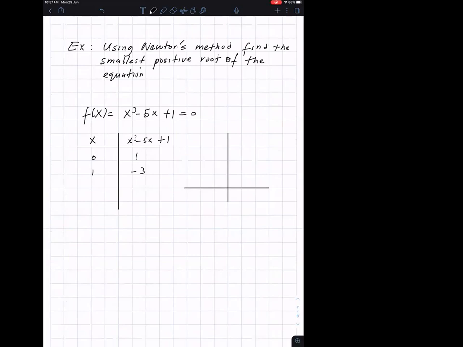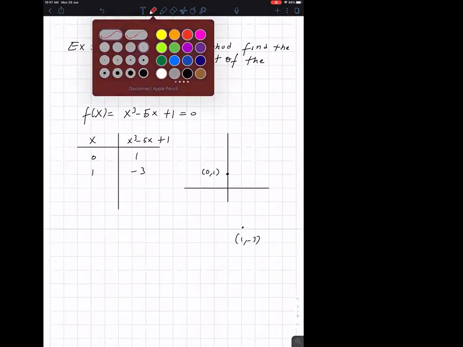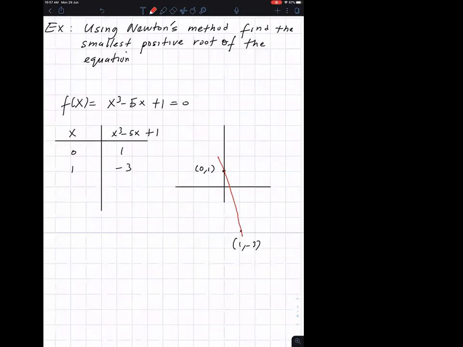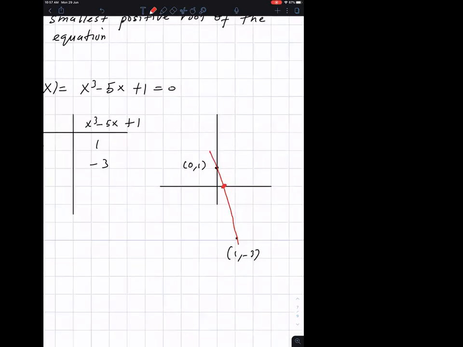At 0, 1, I'm here. At 1, -3, I'm here. So you have a line passing, going through like this, and this is the root.